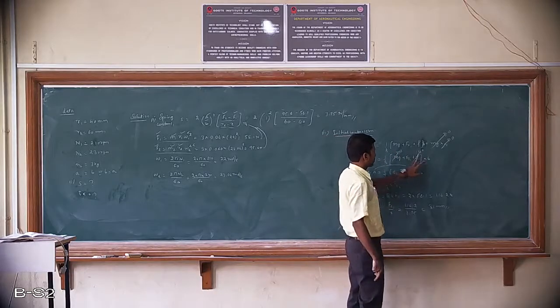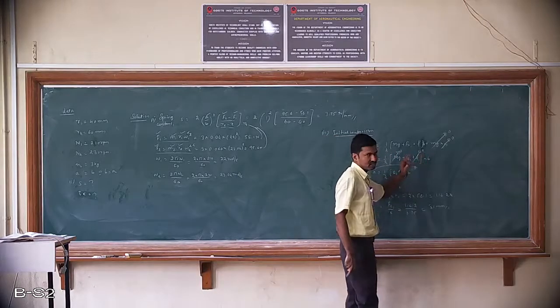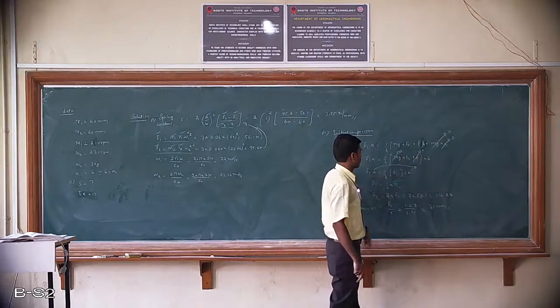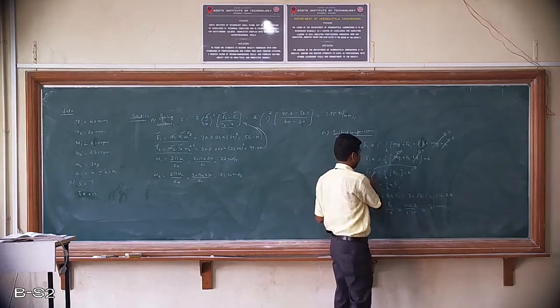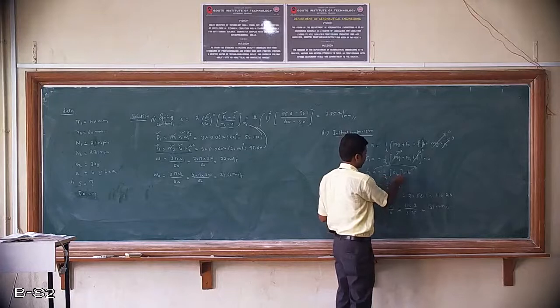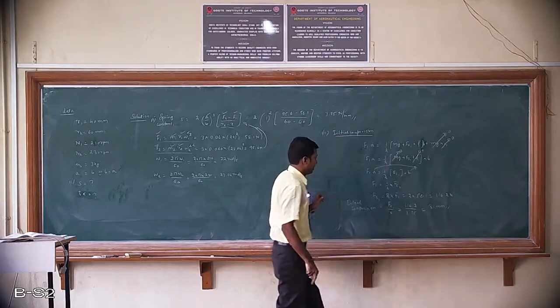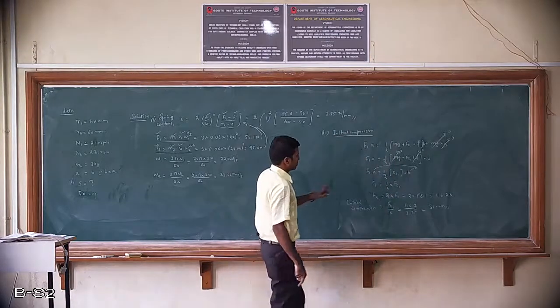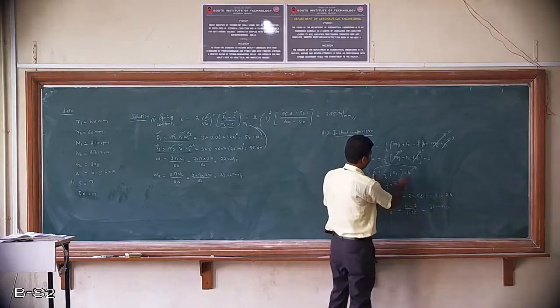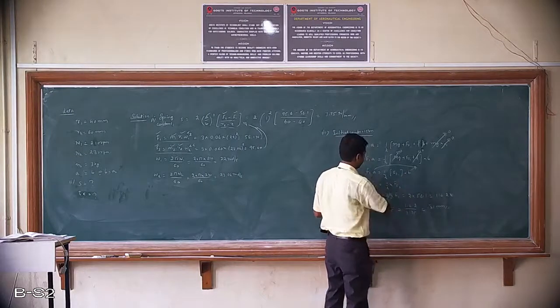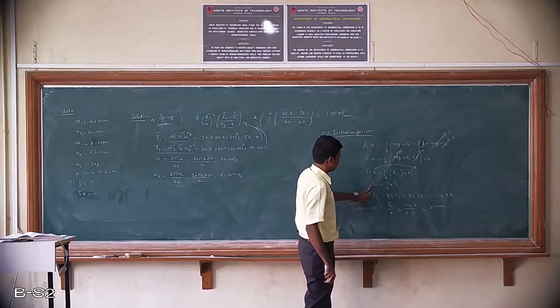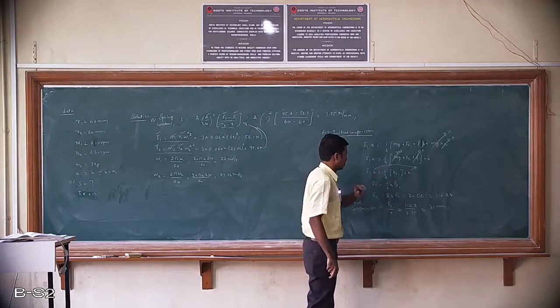And the force of friction is also not given, so I will take it as 0. Then these two terms become 0. The remaining term will be F1 into A is equal to 1 by 2 into Fs1 into B. Now, we know that the lengths of ball and sleeve arms are equal, so A is equal to B, they both cancel out. The remaining term is F1 is equal to 1 by 2 into Fs1.